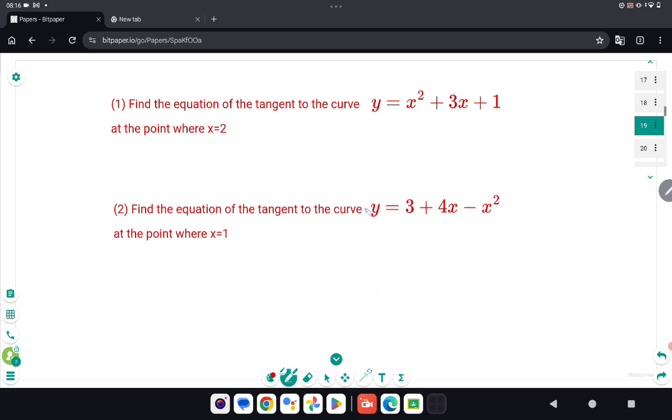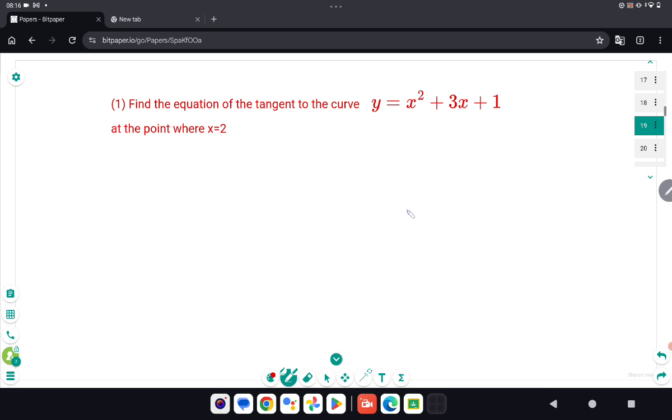Okay, let's start with this first question here. Find the equation of the tangent to the curve y equals x squared plus 3x plus 1 at the point where x is 2. So first of all, we need to differentiate to find the gradient function.